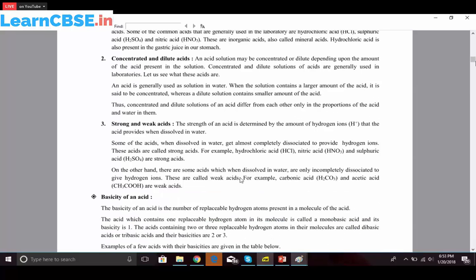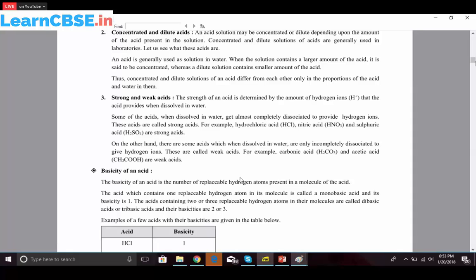Strong and weak acids. Okay. This one is based on whether the acid can give complete H+ when dissolved in water. That we call a strong acid. The weak acids are the ones that give only partial H+ ions when dissolved in water. So the strength of the acid can be determined by the amount of hydrogen ions provided by the acid when dissolved in water.